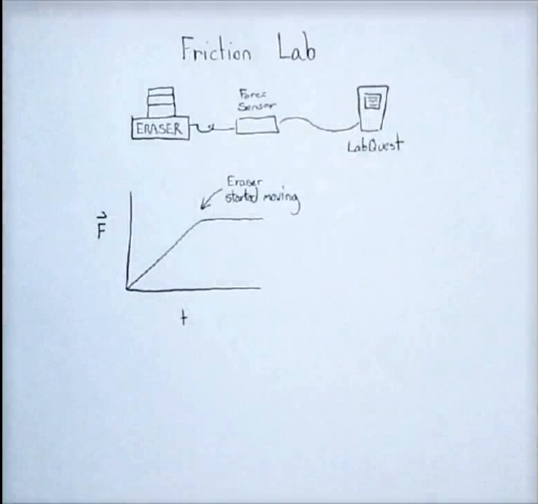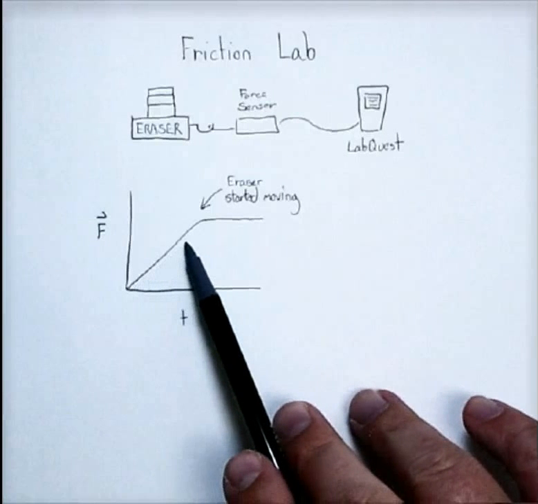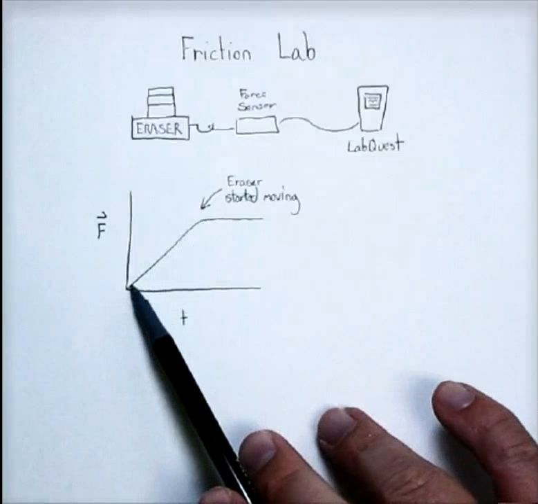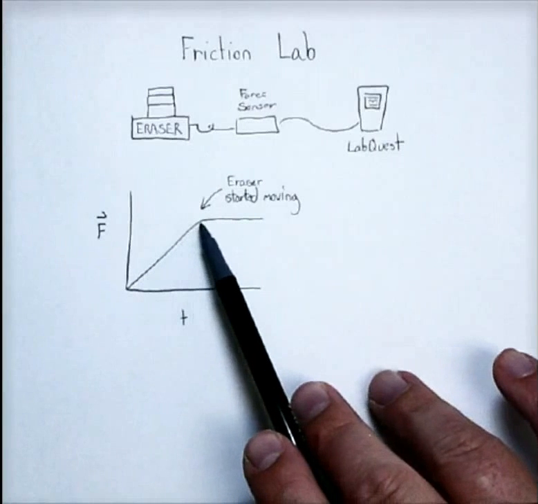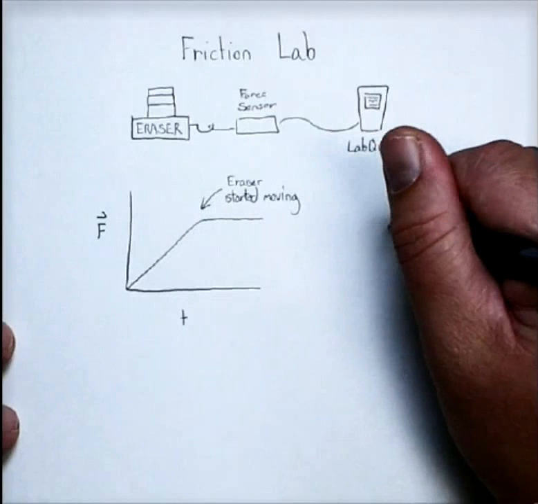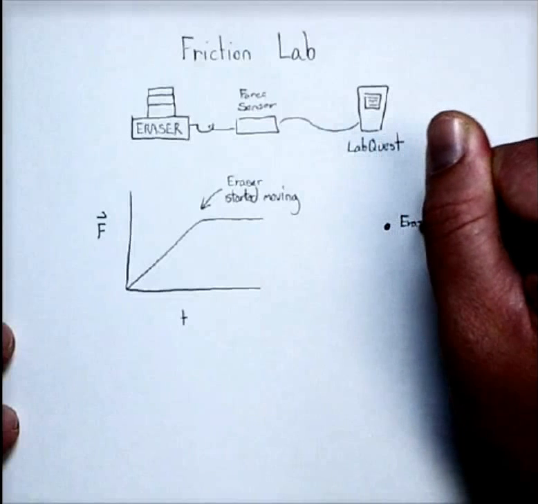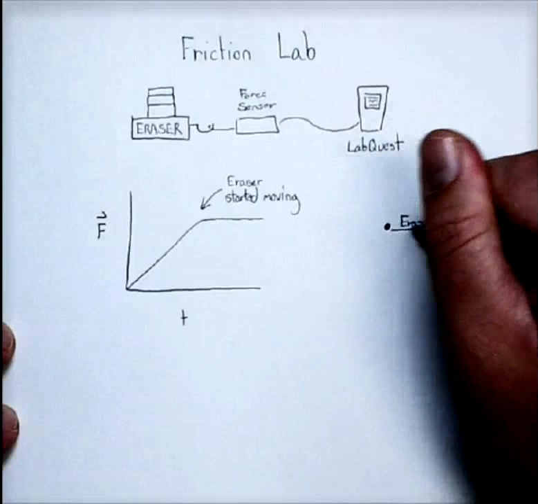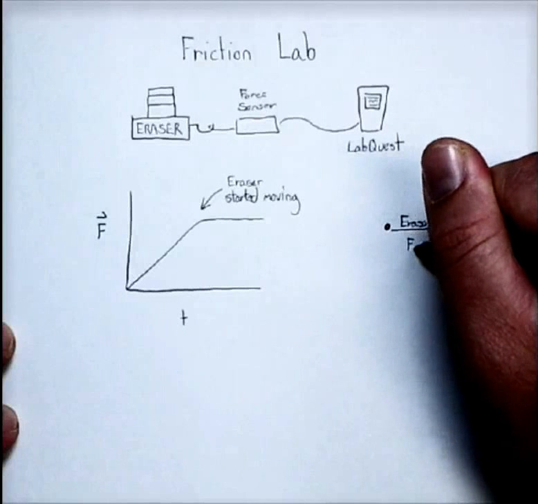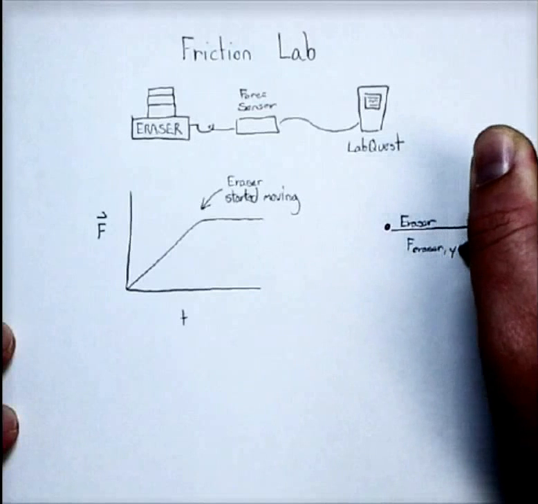So let's talk about what was going on there. While you were applying more and more force, the eraser just sat there. So there was no change in motion going on, which tells us that the net force on the eraser in that situation, if we were to look at a free body diagram of the eraser, you have this, the force on the eraser from you.